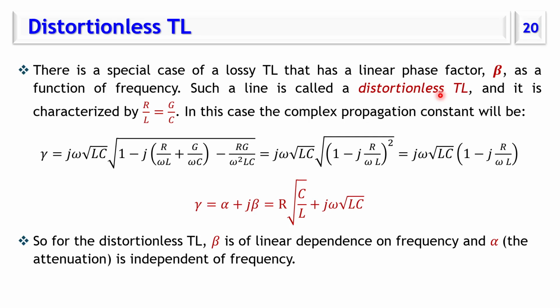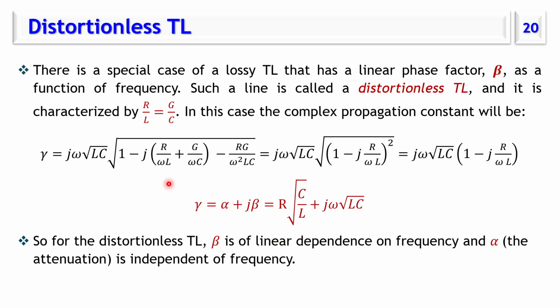Some transmission lines don't have this problem, and they're called distortionless transmission lines, and this happens if the ratio between R and L equals the ratio between G and C. In this case, the phase velocity will have a linear dependence on frequency, and alpha will be independent of frequency, and this transmission line is called a distortionless transmission line.